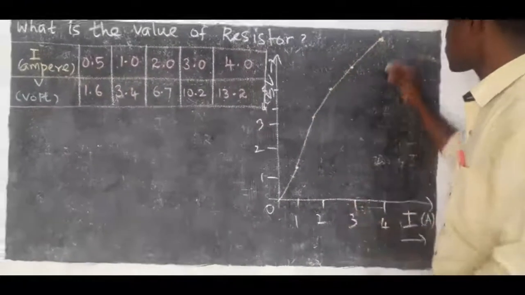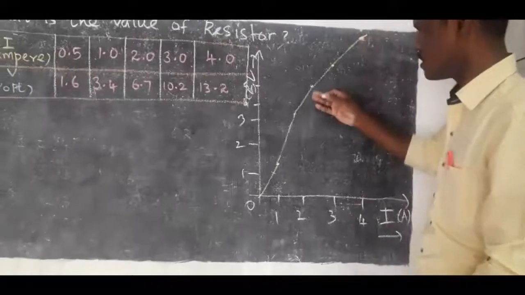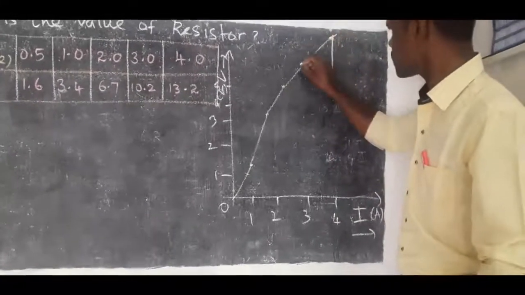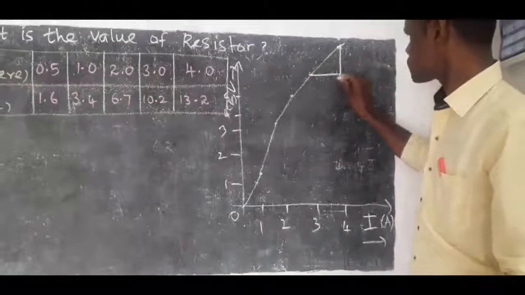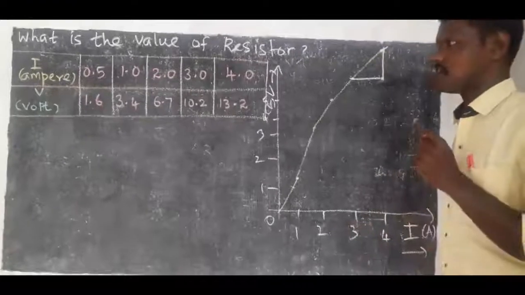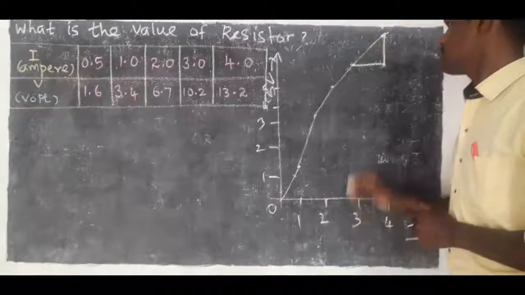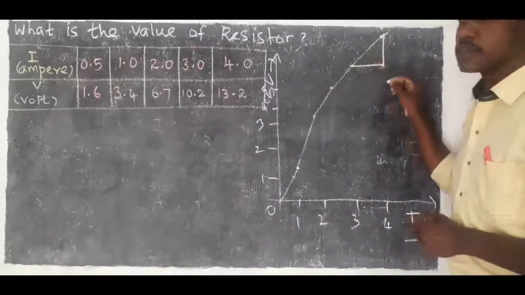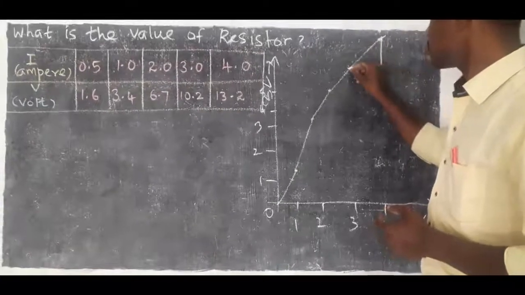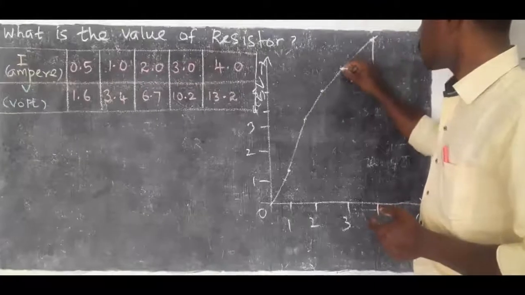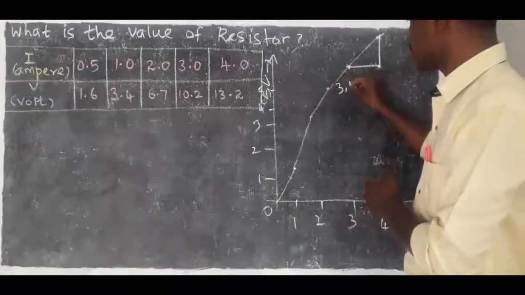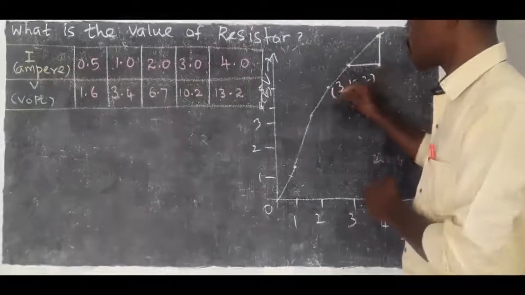I will take any slope that comes. We are going to find out the total value of resistance, which means I need to take the slope. Taking the slope, the points here are 3, 10.2, and then 4, 13.2.